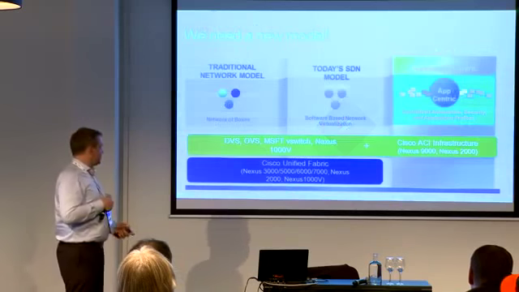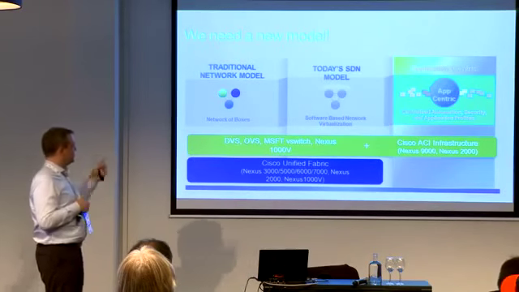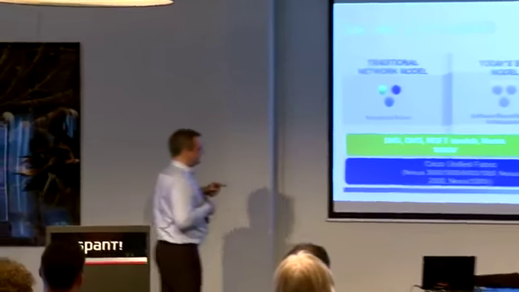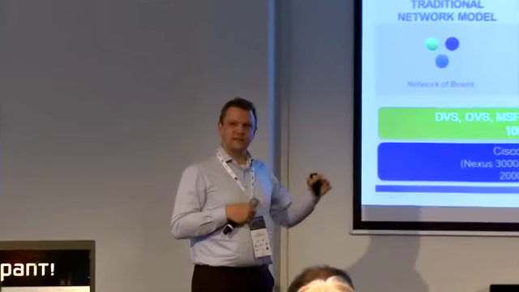So in order to change that, we've actually gone through a couple of steps. And we've said that today's software-defined network model is basically shifting what we've actually created in real life up to a virtual layer. We're still doing the same thing. We're still creating VLANs, we're still creating all kinds of other problems, but we're shifting it up one layer. But now I've got two problems. I've got my physical layer and I've got my virtual layer. Now, one of the issues I have with that personally is that either one is going to suffer.